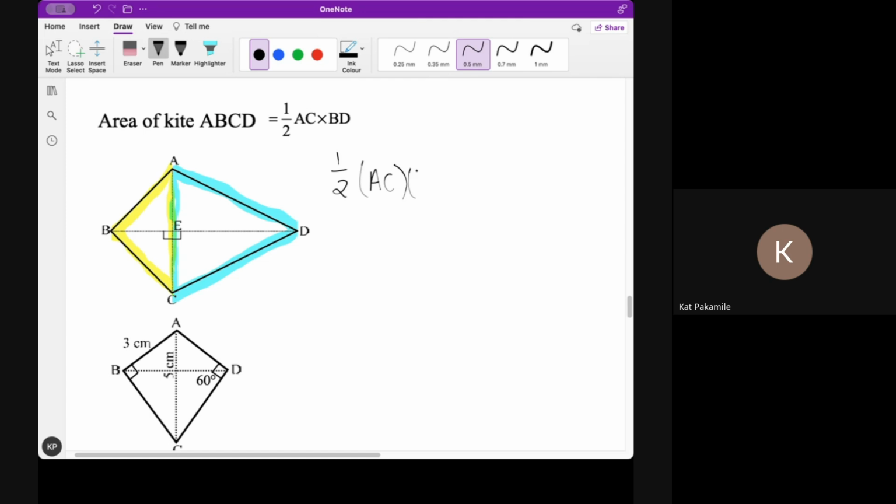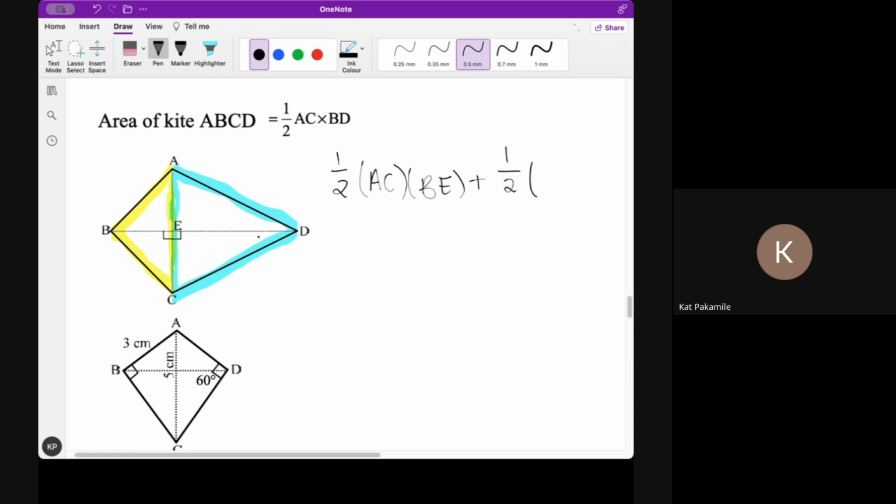What is the height of that triangle? Look carefully. In the yellow triangle, the perpendicular height. If my base is AC, then my height is BE, right? So that's triangle 1, and I would have said plus half of, what is my base for the blue triangle?